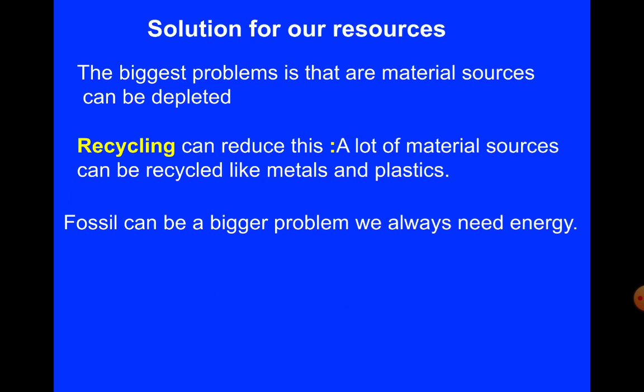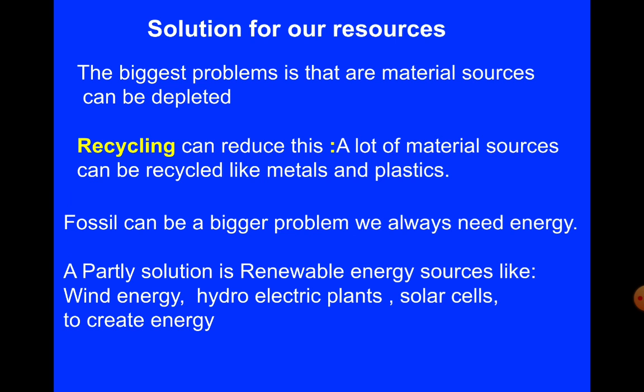Fossil fuels actually can be a bigger problem. We always need energy, so what can we do with the fossil fuels? We use renewable sources like wind energy, hydroelectric plants, and solar energy to create energy so that we need less energy from fossil fuels.